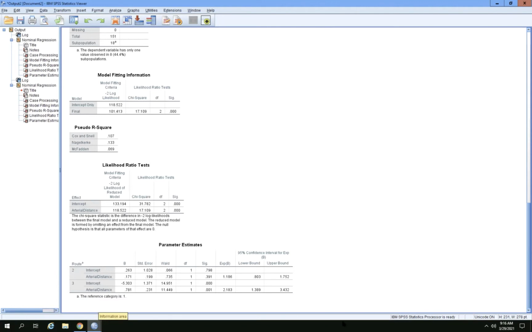So as we think about this, what are these results telling us generally speaking? So we see arterial distance in the rural road equation is equal to 0.171, and in the freeway case is equal to 0.781. So just from a qualitative perspective, empirically, what are those data suggesting to us? So as the distance a person would have to travel on the arterial road increases, what's happening to the utility functions?